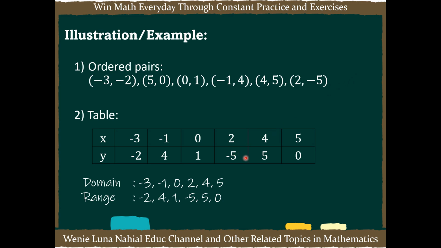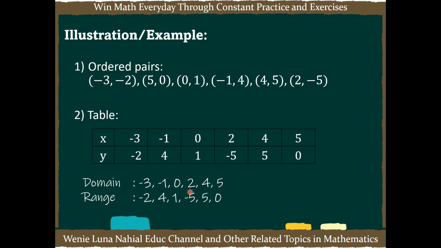Then the second illustration is taken from the first illustration from the ordered pairs. So this further illustrates that the first illustration as well as the second illustration are all one-to-one relations.